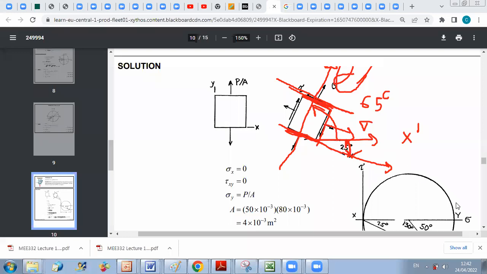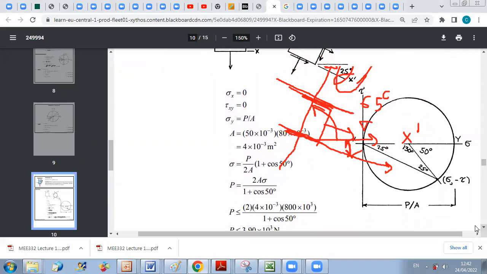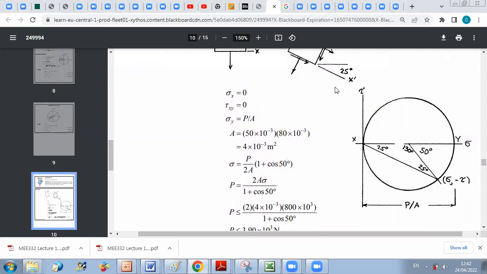If you want to represent point y prime on your figure, because I rotated from the x axis an angle of 65 degrees towards axis y prime, then on the Mohr circle I should rotate an angle of 130 degrees in the counterclockwise direction.